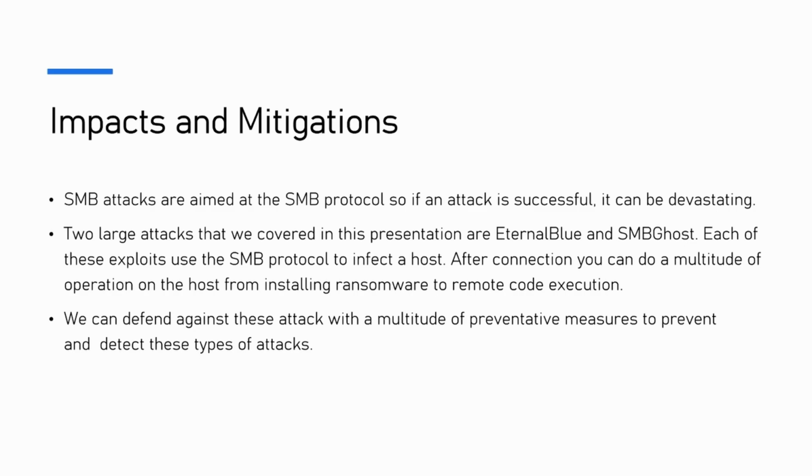Two large attacks that we covered in this presentation are Eternal Blue and SMB Ghost. Each of these exploits use the SMB protocol to infect a host. After connection, you can do a multitude of operations on the host, from installing ransomware to remote code execution. We can defend against these attacks with a multitude of preventative measures to prevent and detect these types of attacks.